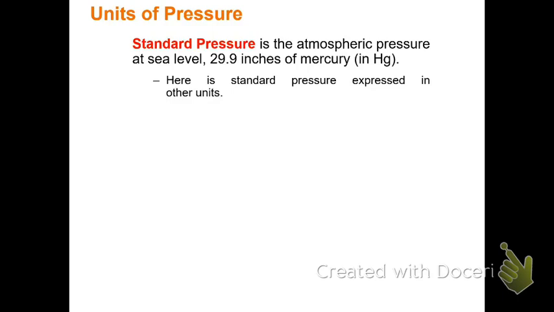For example, if you were to measure the height of a mountain, how would you compare two mountains? You have to have some kind of frame of reference, and they use sea level as the frame of reference. In pressure, they do the same thing. They use standard pressure, and the standard pressure is 29.9 inches of mercury.